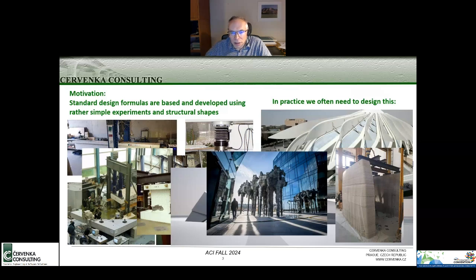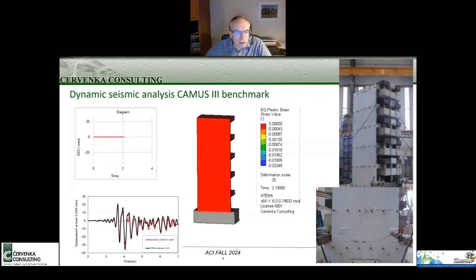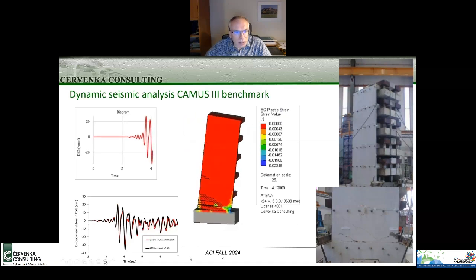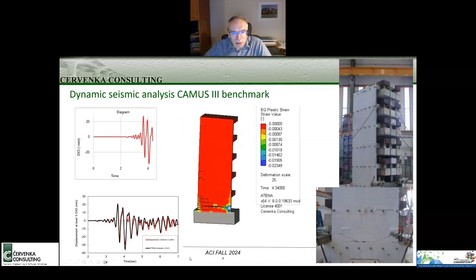So that's when nonlinear analysis can be used with advantage to check our design. It is typically not a tool to directly dimension your structure or find the reinforcement, but it is an ideal tool to check the structure, like this example I'm showing now of a seismic wall.